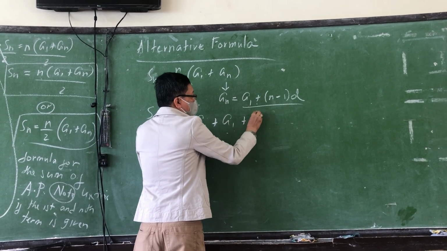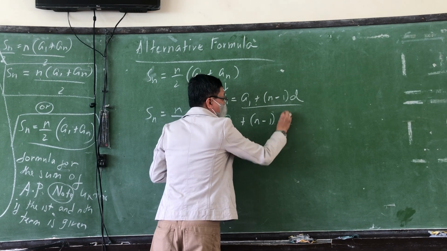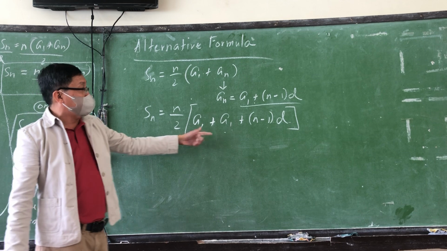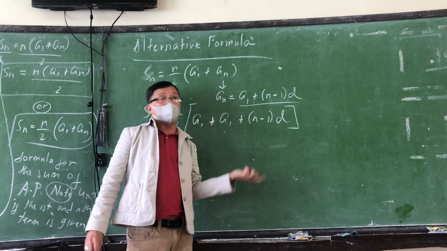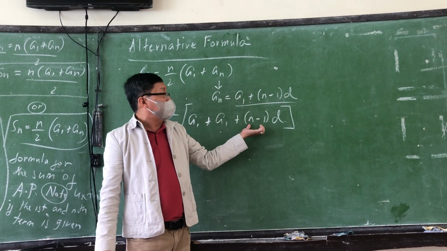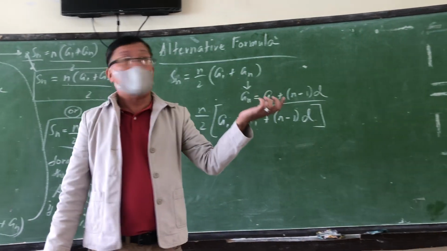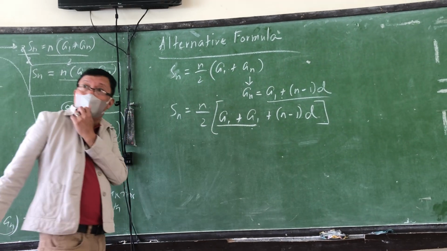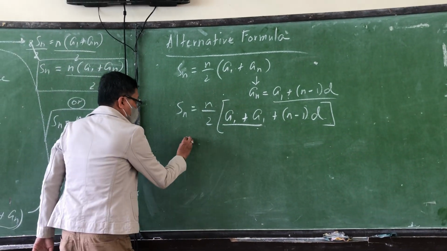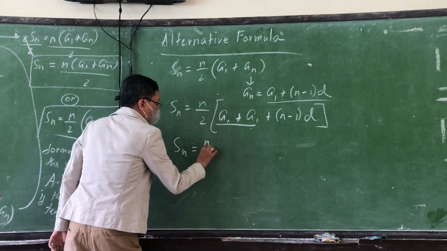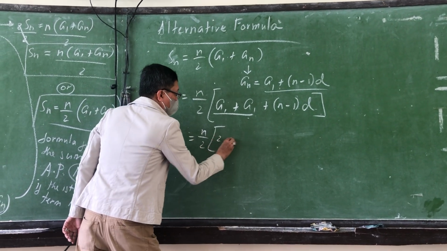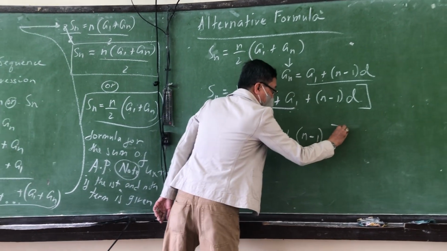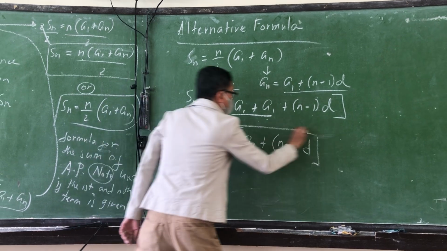A sub 1 plus the quantity of n minus 1 times d. And if you will notice, I use bracket because I was able to see in advance that there is already a parenthesis. Okay, so I did not use parenthesis anymore. But we can combine this because they are similar terms. So you will have s sub n is equal to n over 2 times the quantity of 2a sub 1 plus the quantity of n minus 1 times d. And this is now the alternative formula.